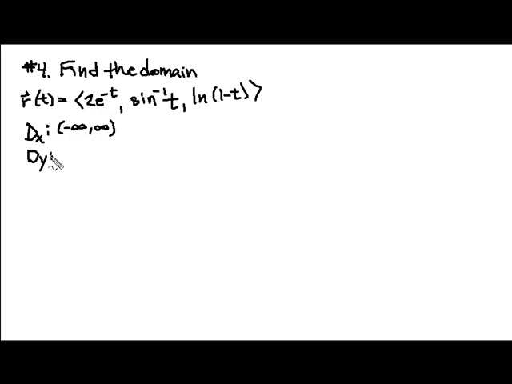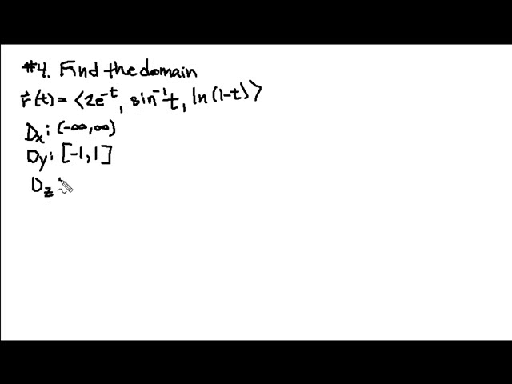Next, we're going to look at D sub y, the domain of the inverse sine of t. Now remember, the inverse sine of t has a domain equal to the range of the sine of t, which goes from negative 1 to 1. And that includes negative 1 and 1.